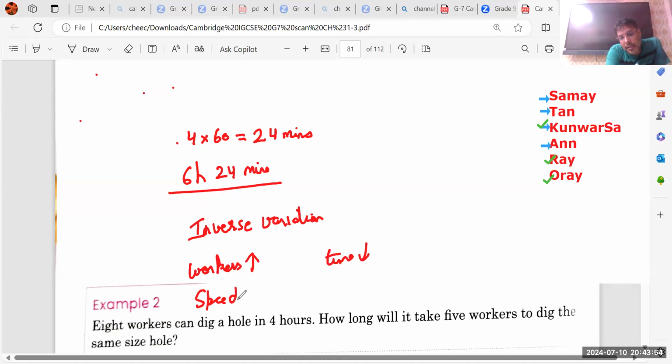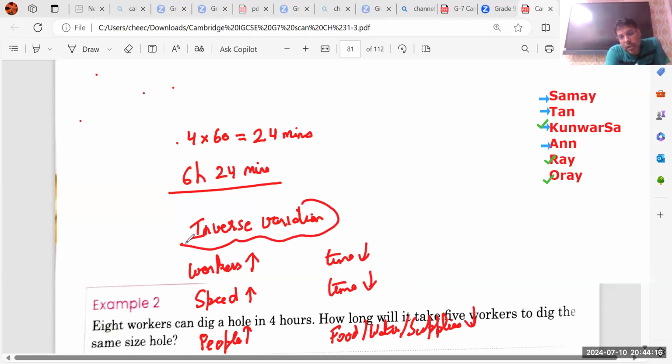Speed increases, the time taken decreases. Then if people increase, food and water supplies, what happens to them? They decrease. So this is inverse variation.